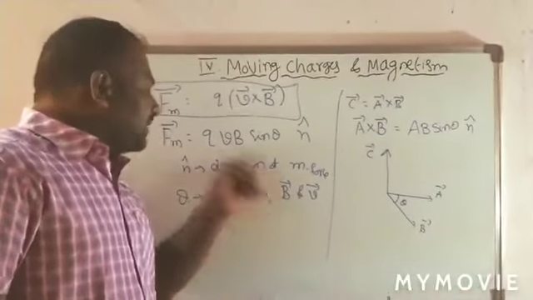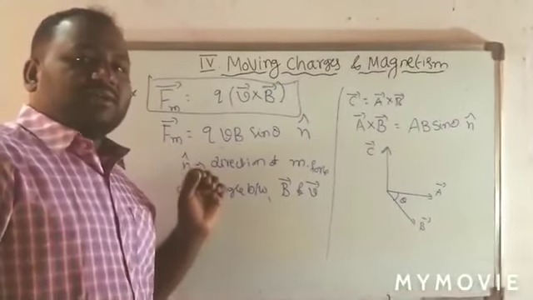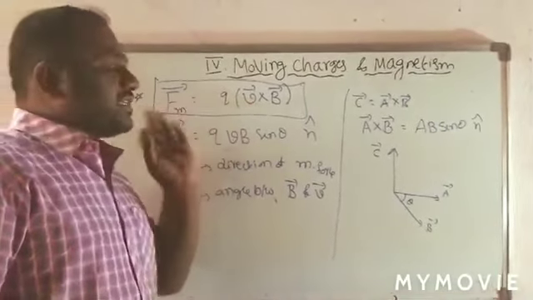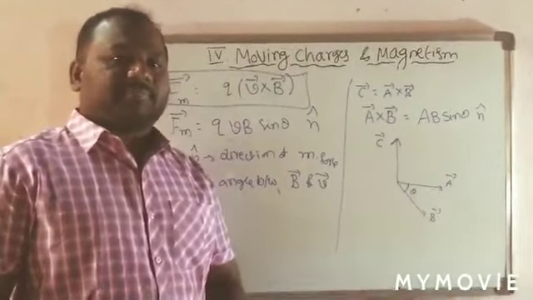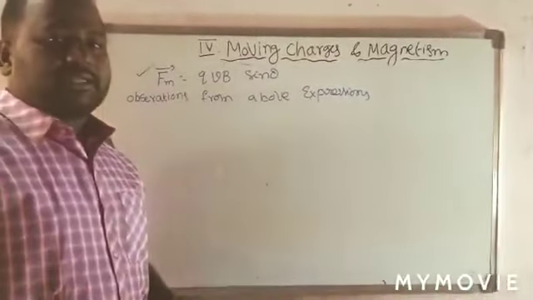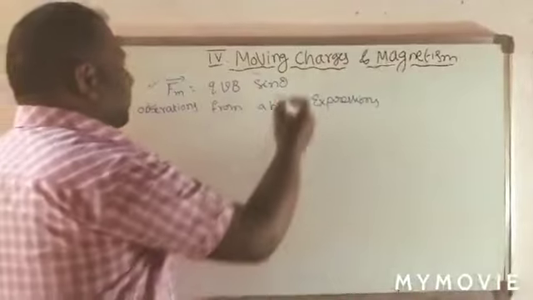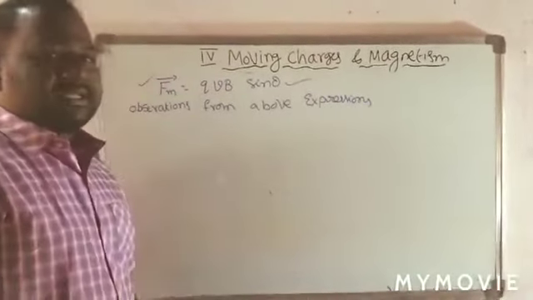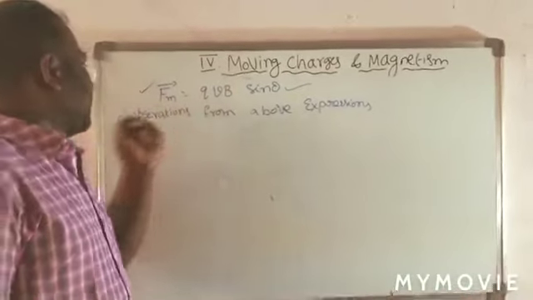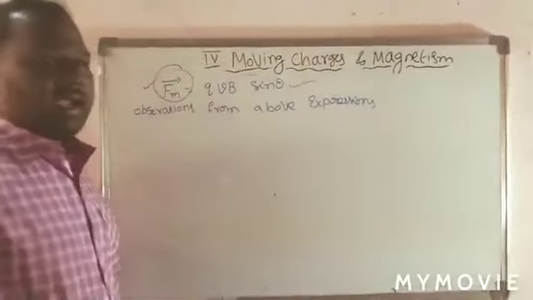And from this we are going to observe some conditions. That is, we have certain observations from this expression. See, what are the observations from this expression? Here the expression is nothing but Fm bar is equal to QVB sin theta. This expression will give some information about this magnetic force.